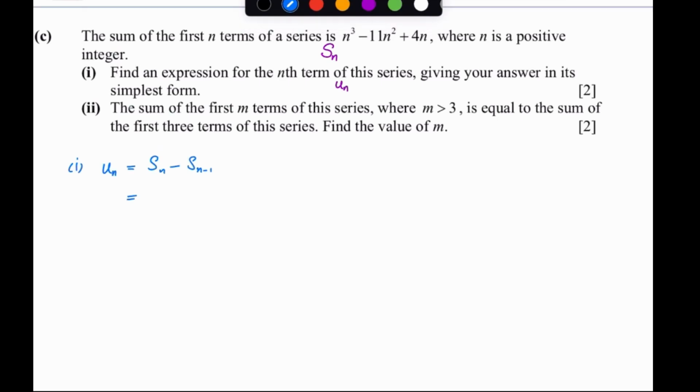So this Sn will be just like that, then minus S of n minus 1.